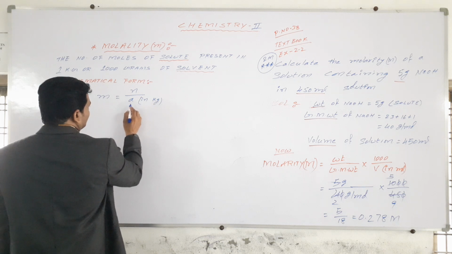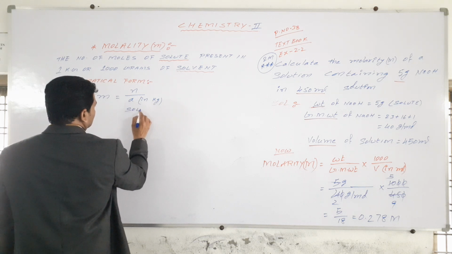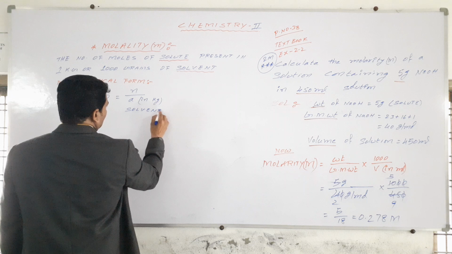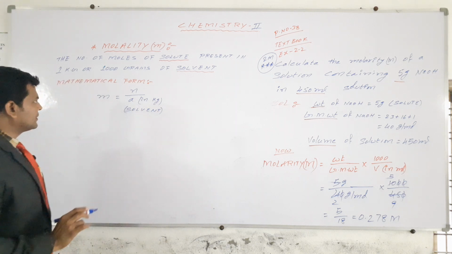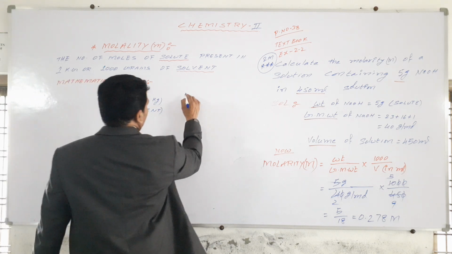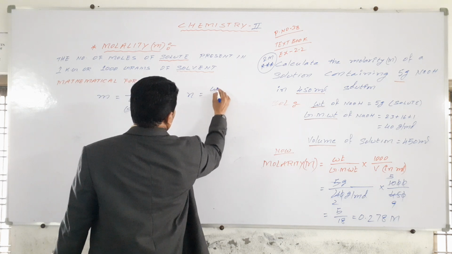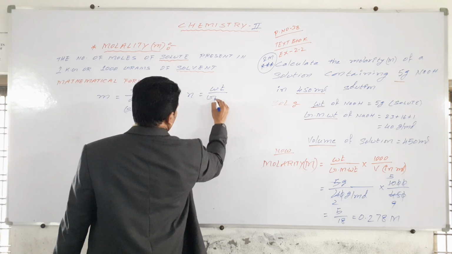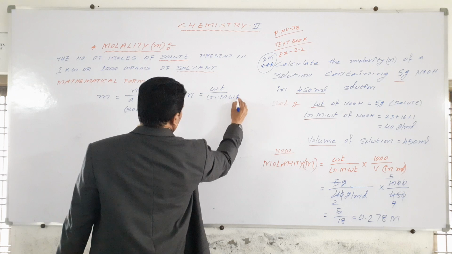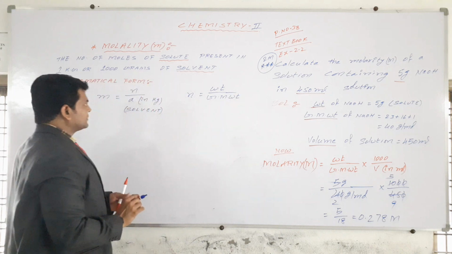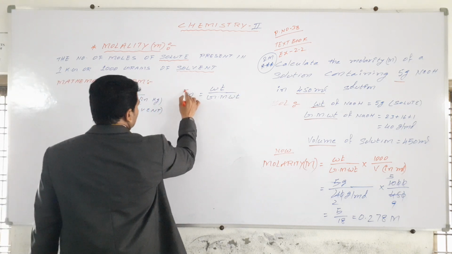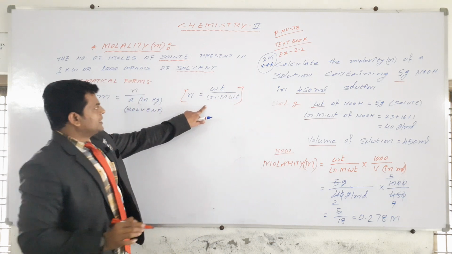It is nothing but the solvent. Then small n equals weight by gram molecular weight. Then we are substituting this value in this.